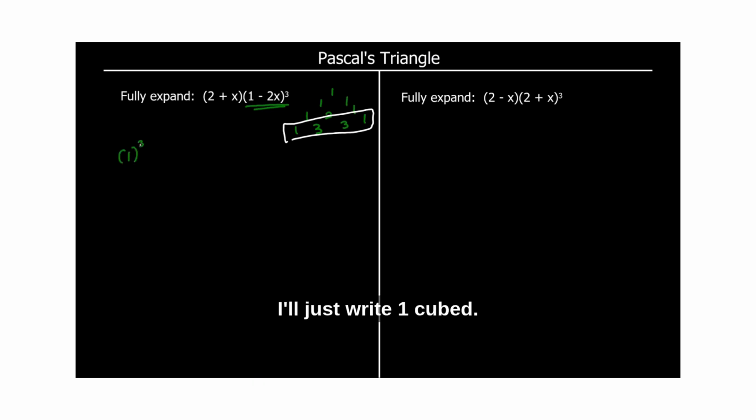Just write 1 cubed. Then we have 3 times 1 to the power of 2, and our other term, negative 2x to the power of 1. Then 3 times 1 to the power of 1 now, negative 2x is now squared. And our last one is negative 2x cubed.